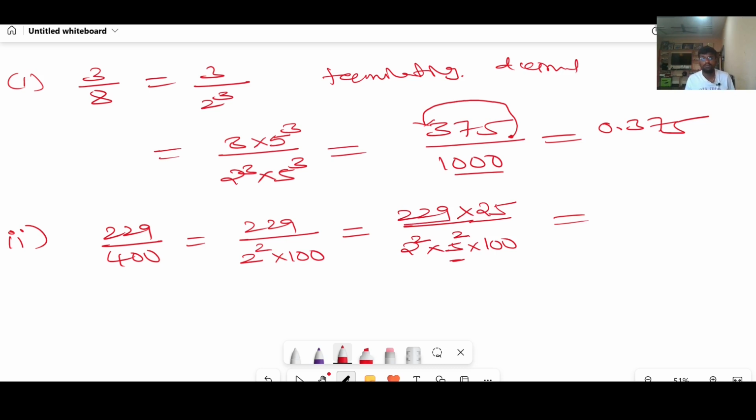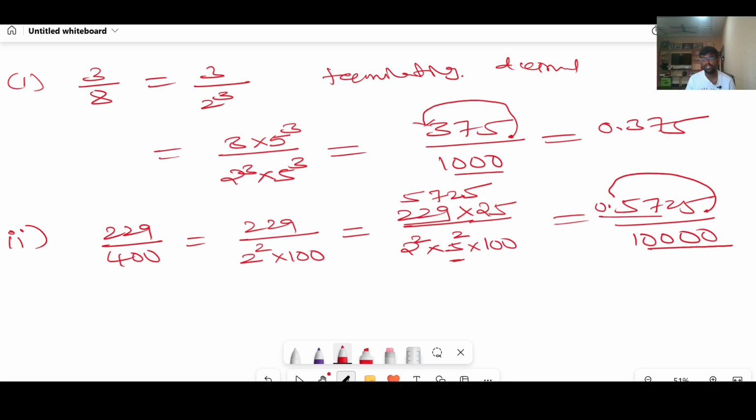Yes, wait, I will explain here. 4 fives are 20, 2 is the remainder, 4 sevens are 28, 1 is the remainder, 20, 5 sevens are 35. The denominator becomes 10,000, so you will be left with 4 zeros: 0.5725 is the answer. And it is a terminating decimal.